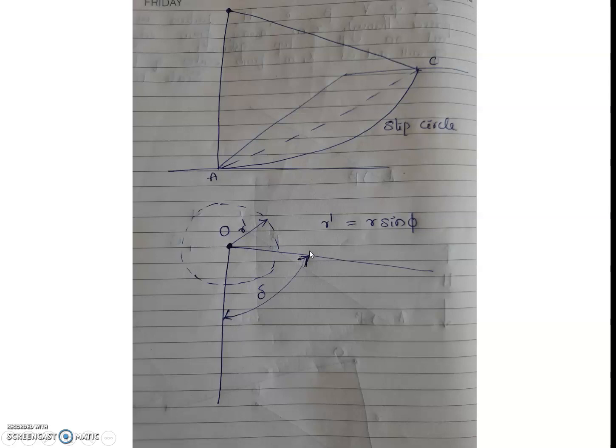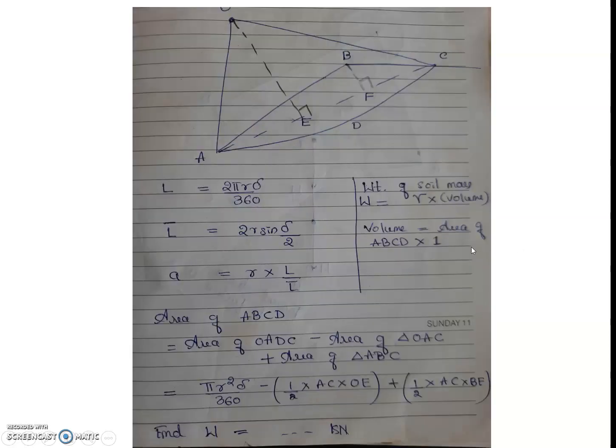Later on, measure the angle made at point O, and that will be angle delta. Then from point O, draw a perpendicular line to AC and mark point E. Similarly, draw a perpendicular line from point B on AC and mark point F.